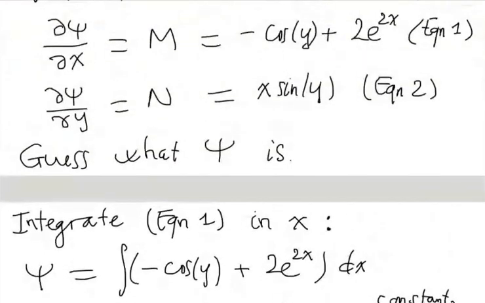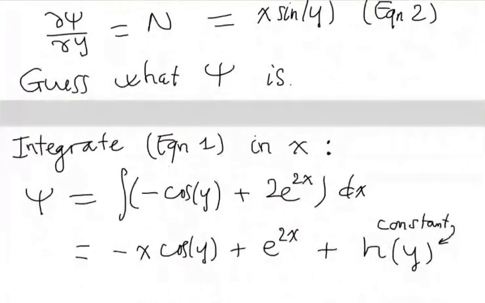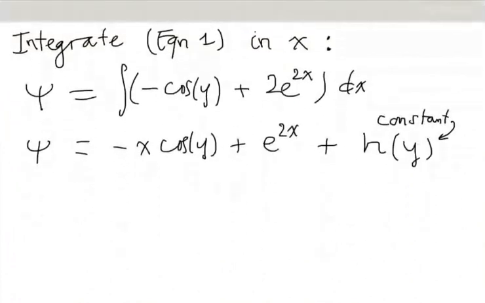Now to use the second equation here, I'm not gonna integrate again, but instead I will take the derivative. This equation 2 says that the partial derivative of psi in y should be x sine y. And now I already know what psi is, right? After integrating in x, I have the formula for psi.